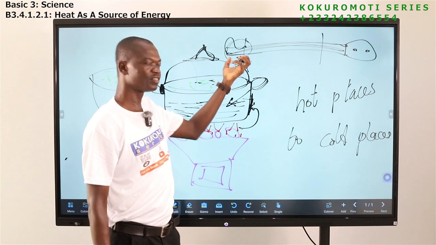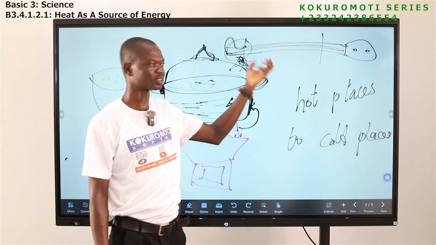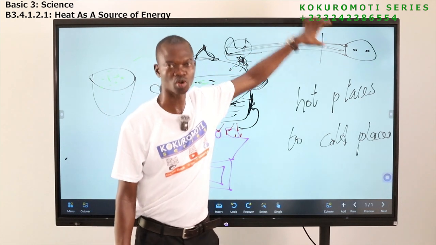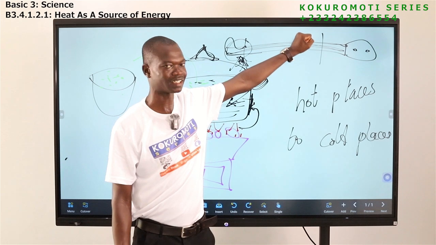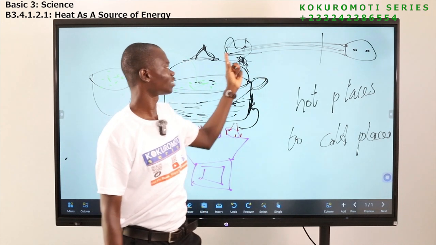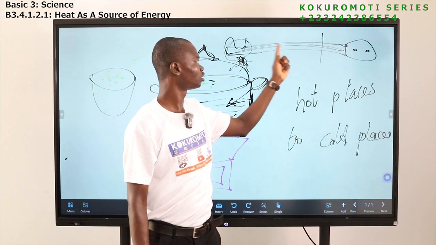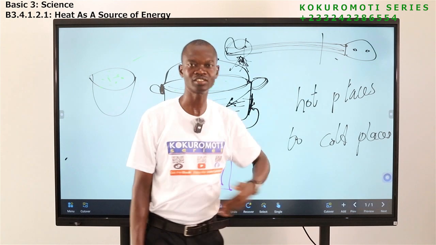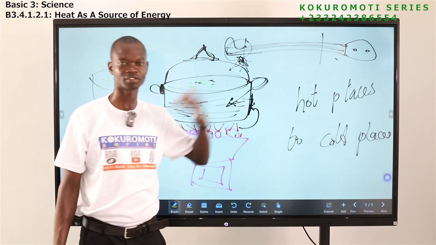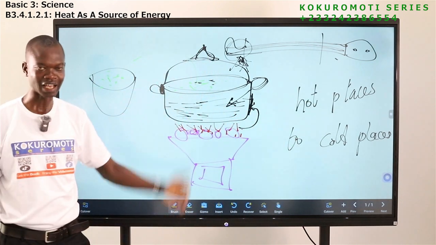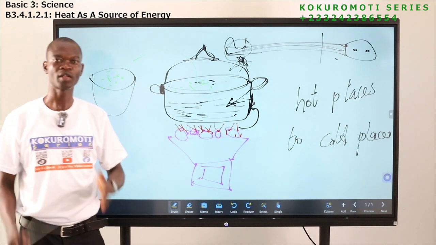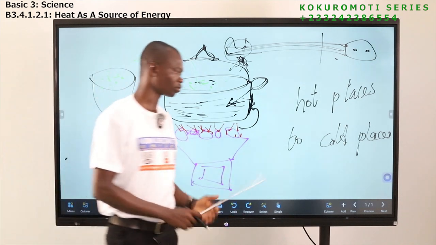But if you leave this in the fire for some time, this side will become so hot that you cannot touch it again, because the heat here has been transferred, has been moved to this side. So heat transfers from one point to another, and it always goes from hot places to cold places.